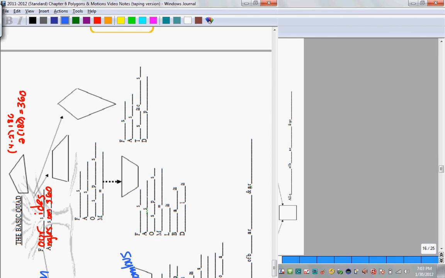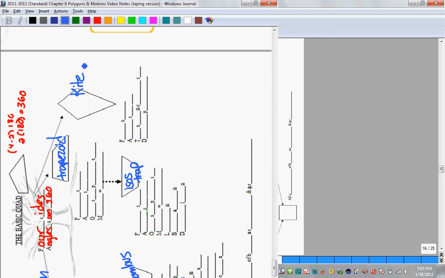Wait for you to catch up and get those labeled. Then on this side we have the trapezoid. And then a descendant of the trapezoid would be an isosceles trapezoid. And of course, kite. So you can see this creates a tree.